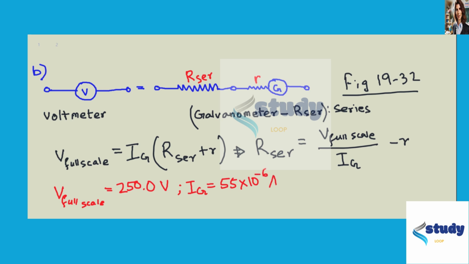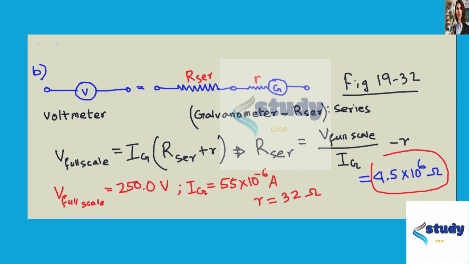So we convert that to amps. And then r is 32 ohms. So if we put all the numbers over here, we get the value as 4.5 times 10 to the power 6 ohms.